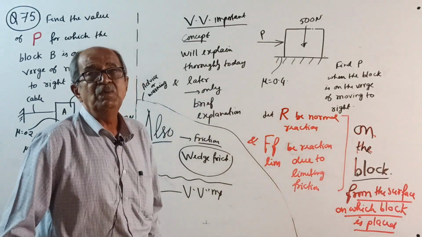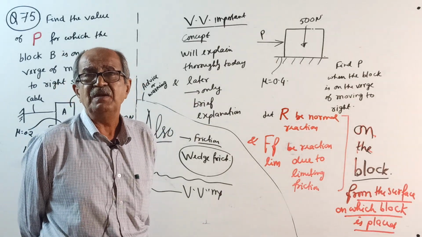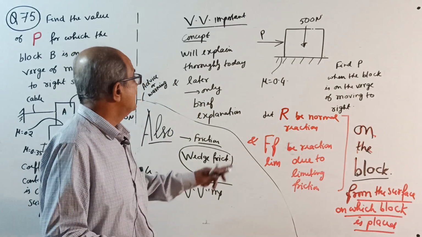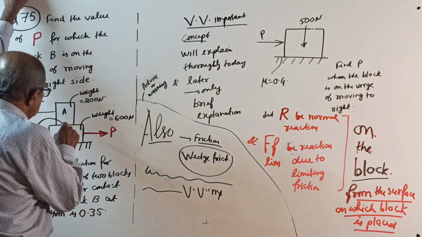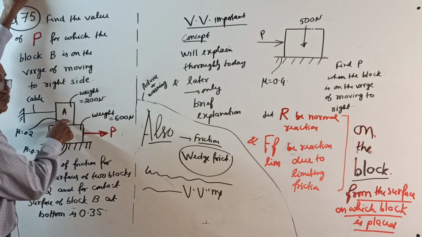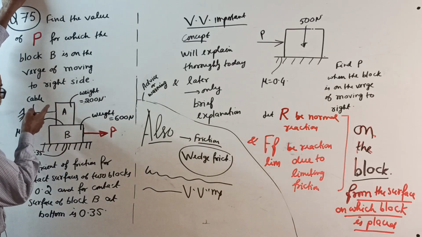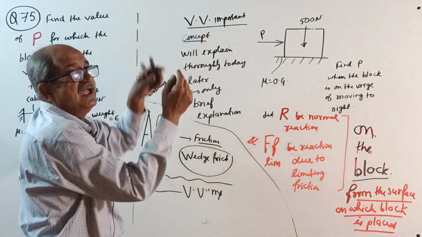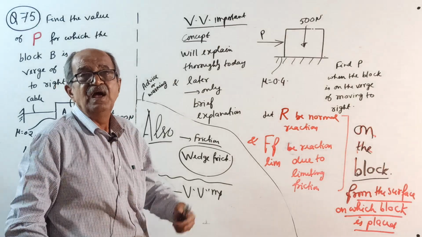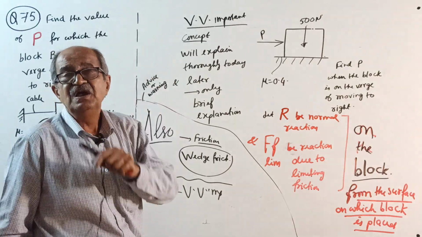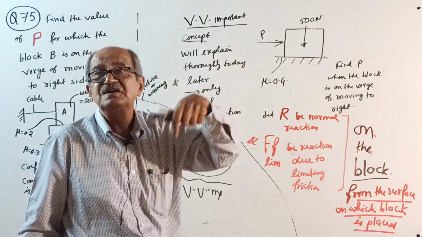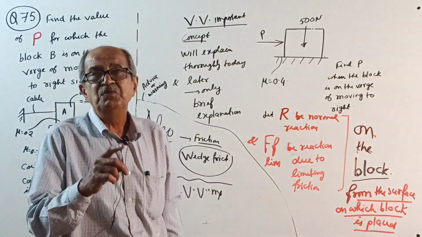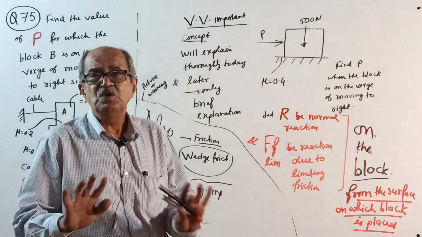Then I will even tell a crude method, because many people get confused when they come to friction between these two. How to take friction for A, how to take friction for B, or in wedge friction, how to take friction for the wedge and for the block. If you make a mistake there, the question is gone.